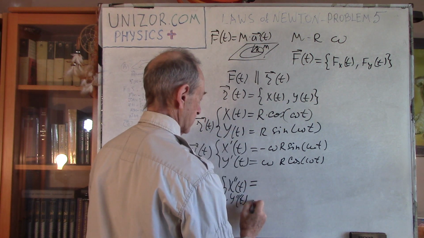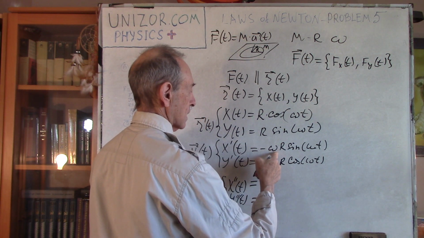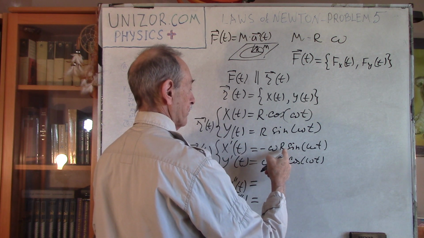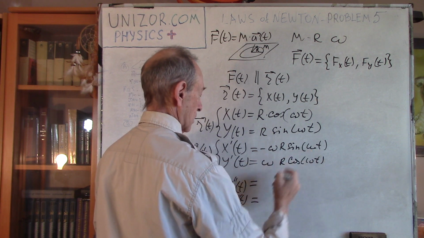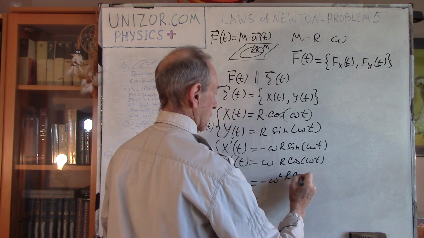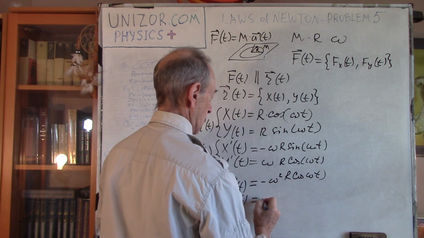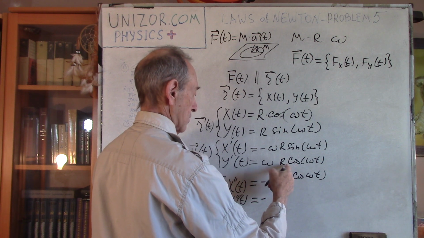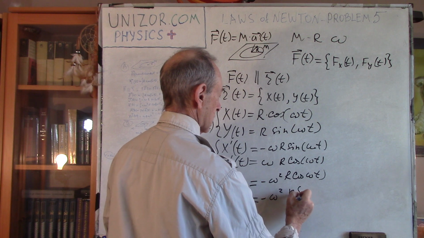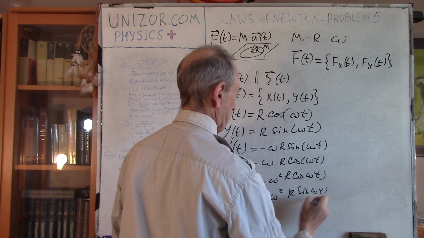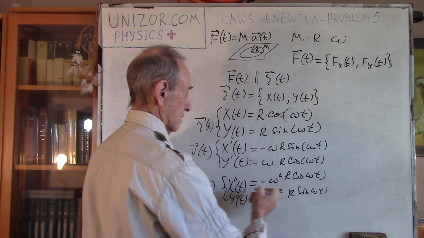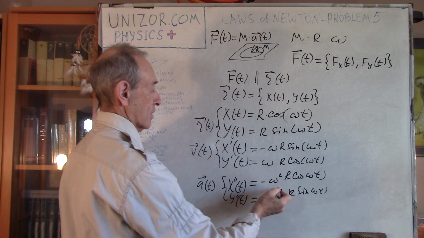Second derivative: the derivative of the first gives minus omega squared r cosine omega t, and the derivative of the second gives minus omega squared r sine omega t.